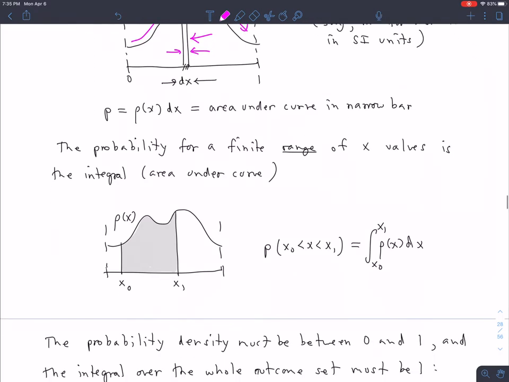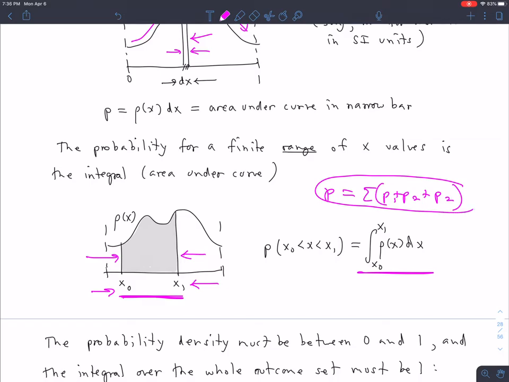And that suggests that if I want to know the probability not of being in a little tiny interval, but being in some broad interval between x0 and x1 here, anywhere in that whole zone, then all I have to do is integrate, right? This is just like summing over the probabilities that we talked about last time, right? I said, what if you want to know the probability of being in some subset of your outcome space?